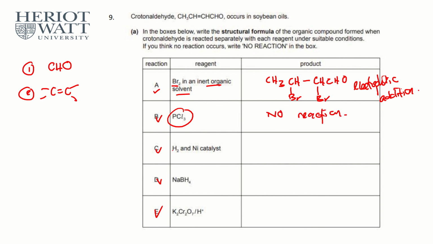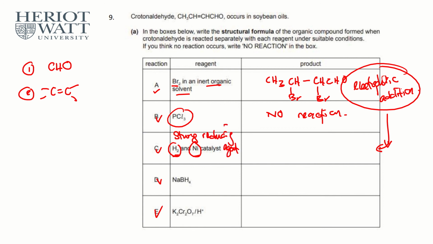Okay, so for C, hydrogen and nickel, again you're adding hydrogen, under the same reaction, electrophilic addition. But hydrogen plus nickel is also considered a strong reducing agent. So not only breaking the double bond, like what I showed you here, CH3, CH single bond CH, where you're adding 2 hydrogen onto it, you're not breaking that only, but also reducing the aldehyde.